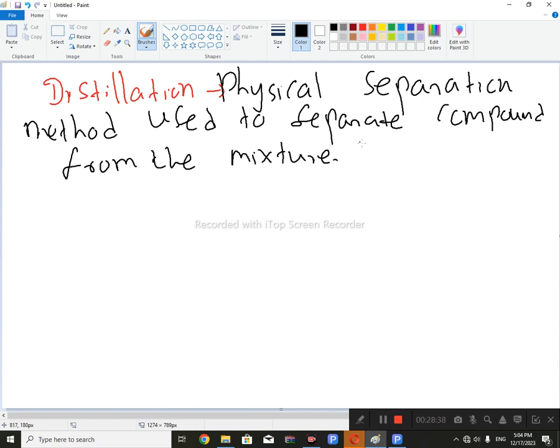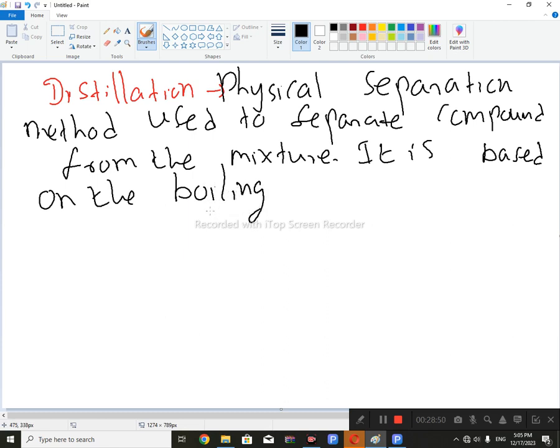It is based on the boiling point of the compounds in the mixture.